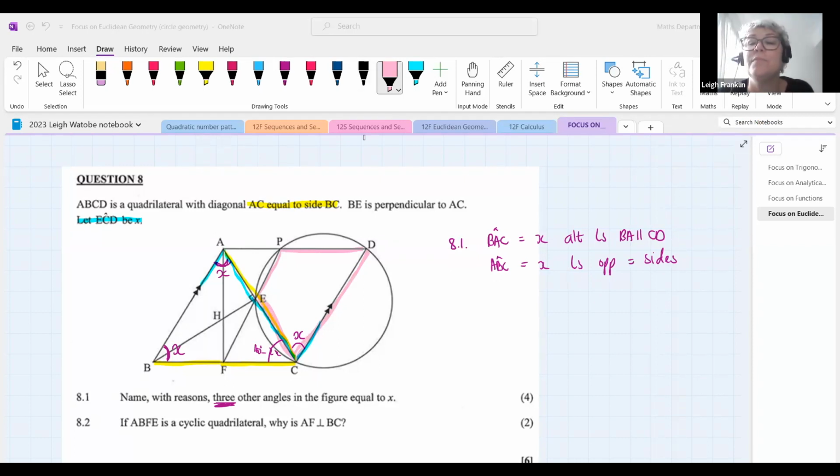No, sorry, no, exactly. It's a cyclic quad. And what do we know about the exterior angle of a cyclic quad? I think someone actually said this earlier, but we didn't talk about it. The exterior angle of a cyclic quad is equal to the opposite interior angle.